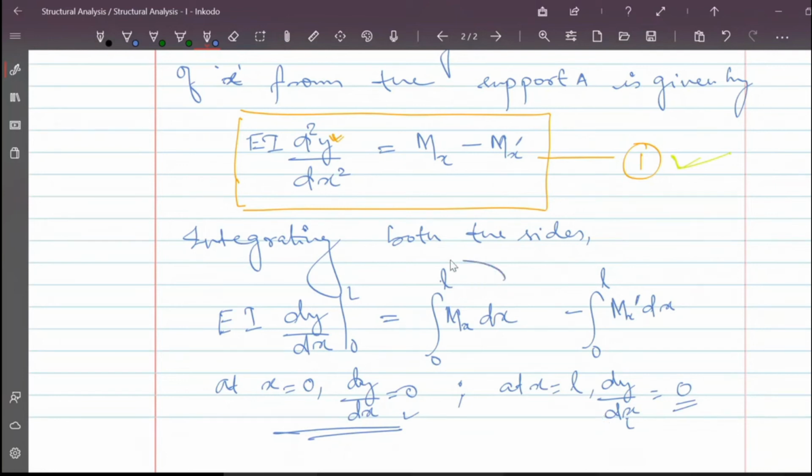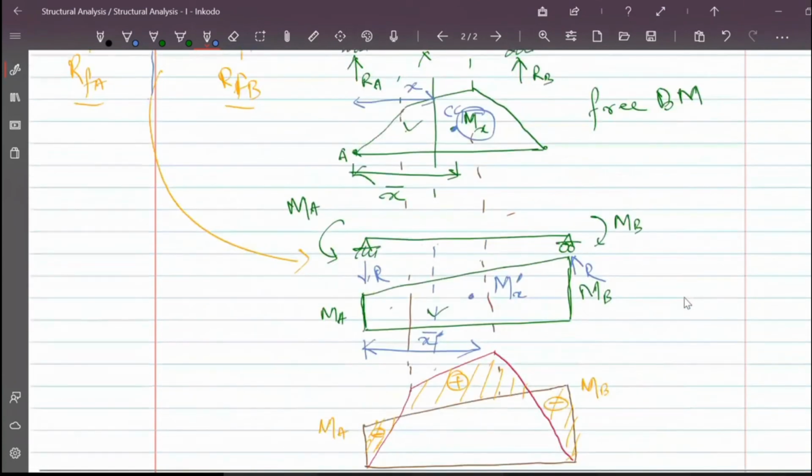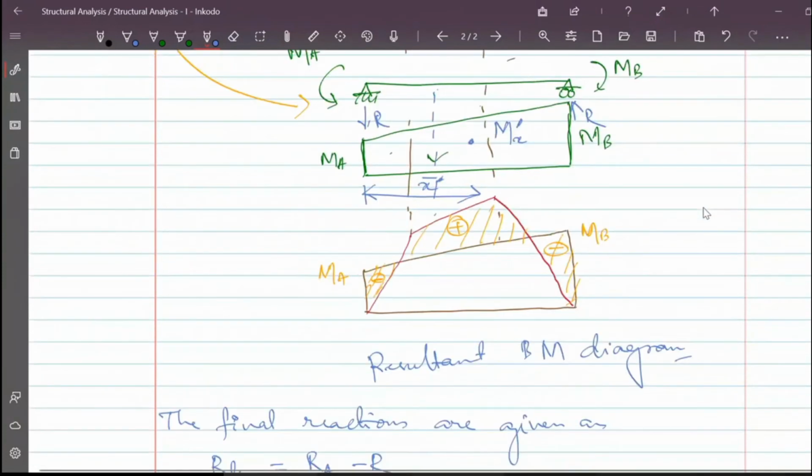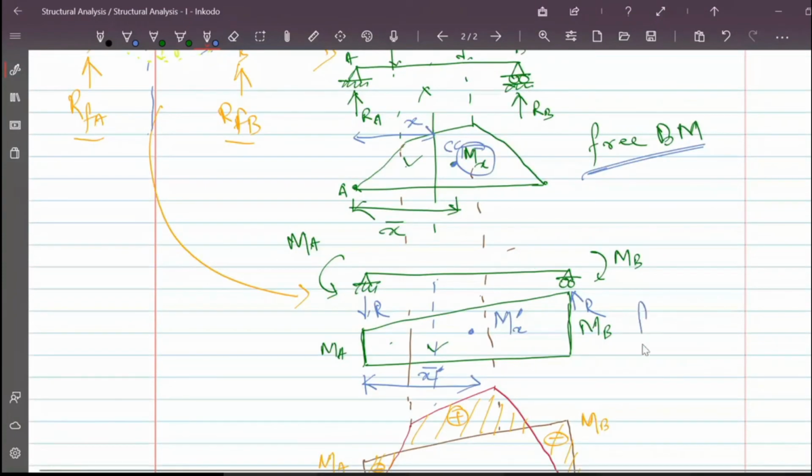And what is this integration of 0 to L Mx dx and integration of 0 to L Mx dash dx? The first one is the area of the free bending moment diagram, and the second one is the area of the fixed bending moment diagram.